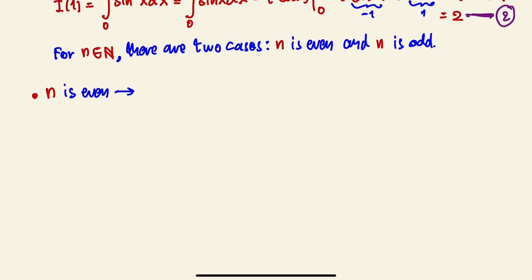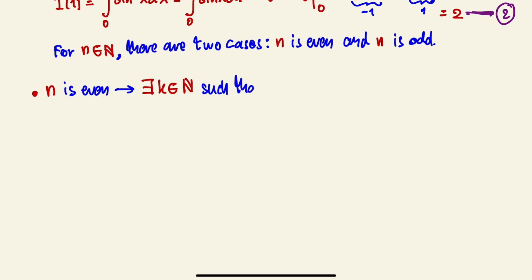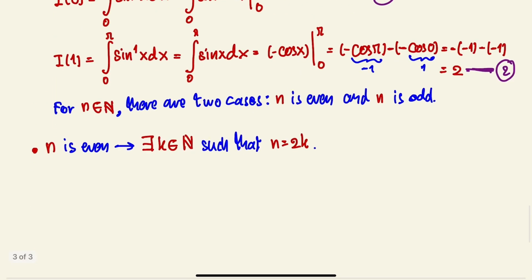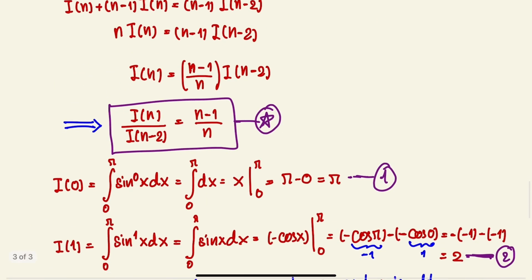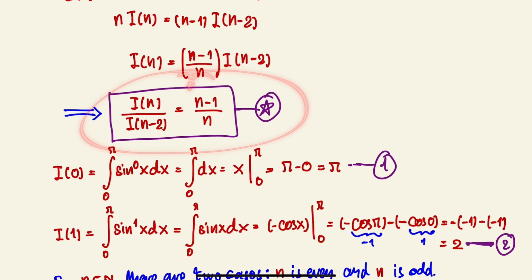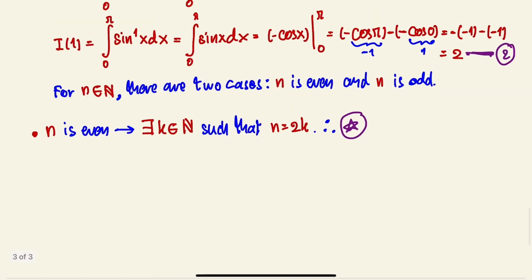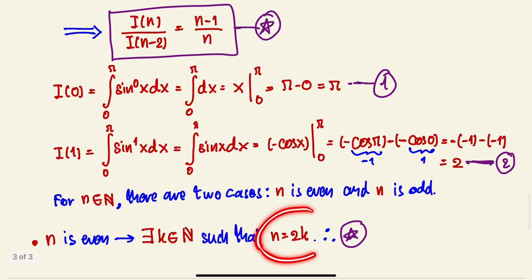So there exists a positive integer k such that n equals 2k, by the definition of an even number. So what happens to this equation? We plug in n equal to 2k.